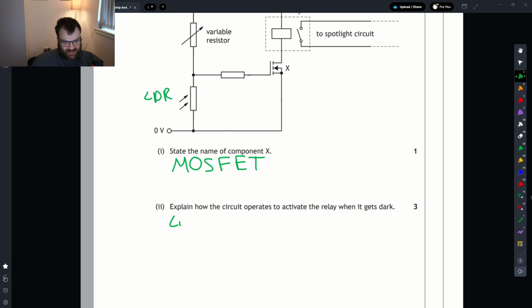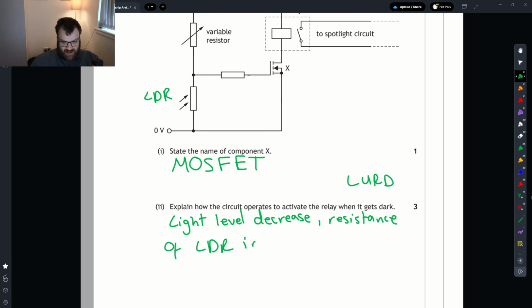So as the light level decreases, or if it's light up, resistance down, then light down, the resistance of the LDR increases. And then that's going to mean that the voltage across the LDR also increases.